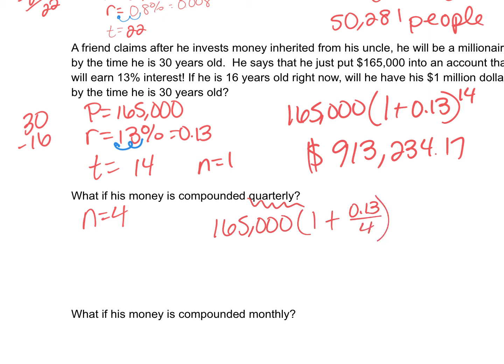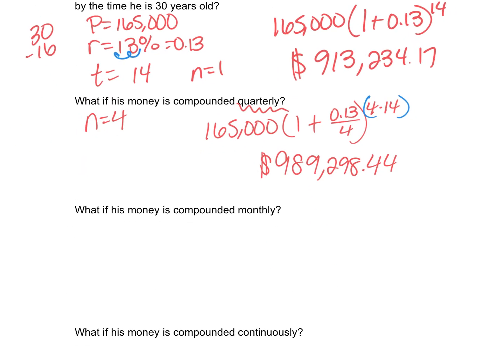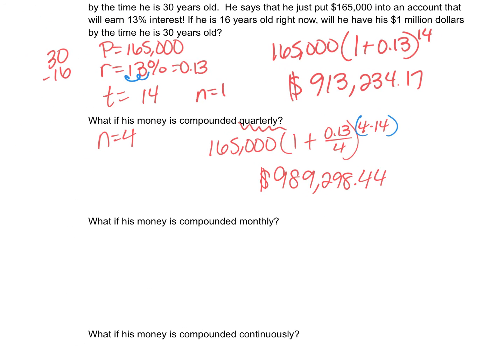And then the exponent is n times t, so 4 times 14. All right, so stick that in your calculator, and remember whenever you do the exponents, you're probably going to have parentheses around that number. All right, so he got even closer. 989,298.44, almost a millionaire.